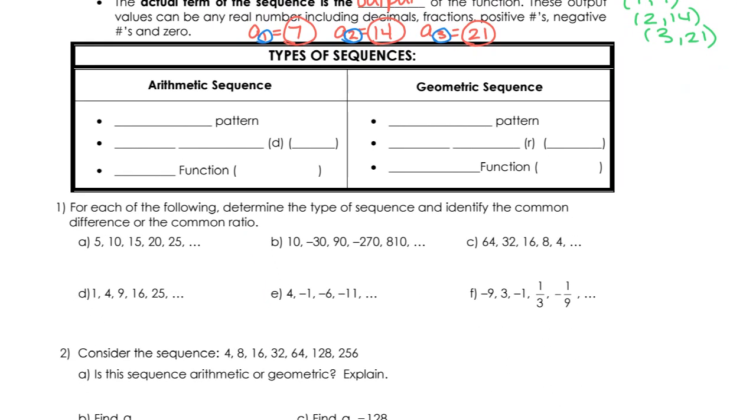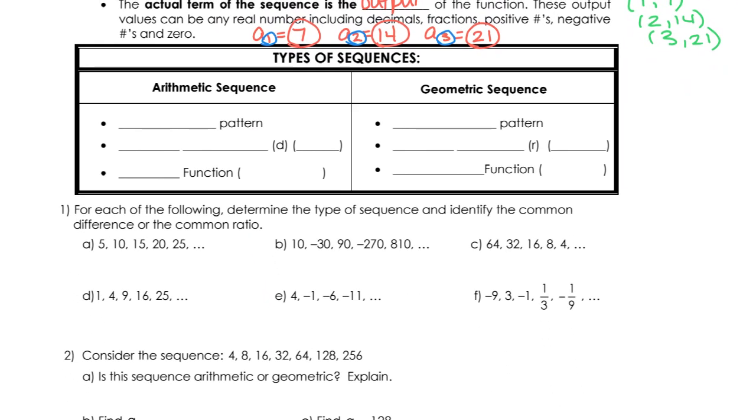There are 2 types of sequences. There's what they call arithmetic and geometric. Arithmetic sequences have an adding pattern, whereas geometric sequences have a multiplying pattern. Let's say, for instance, our adding pattern, we start with 3 and we keep adding 4.